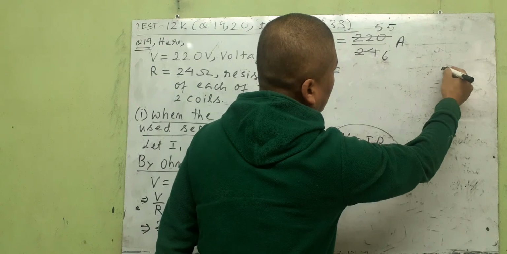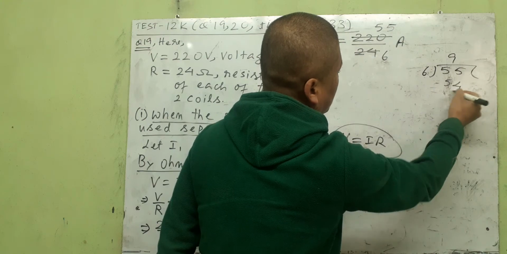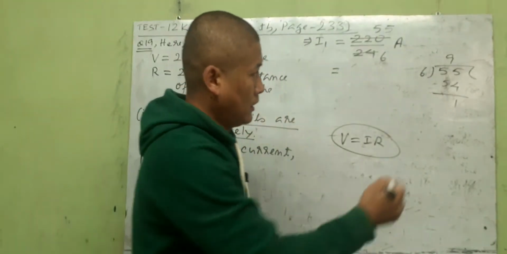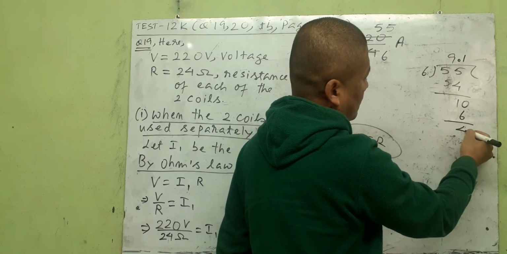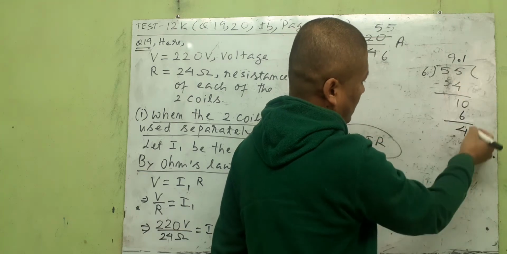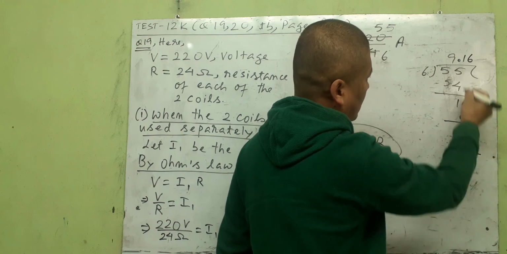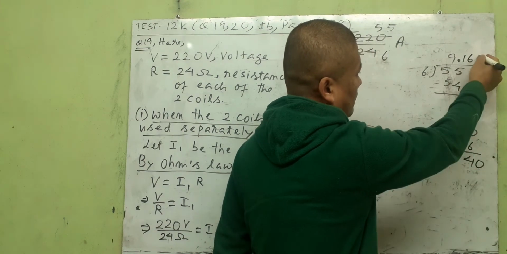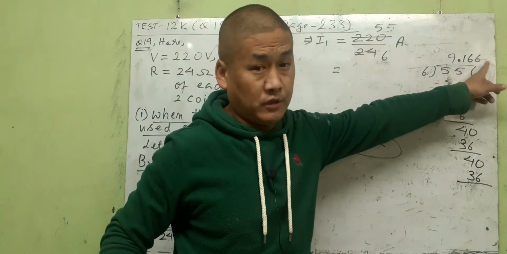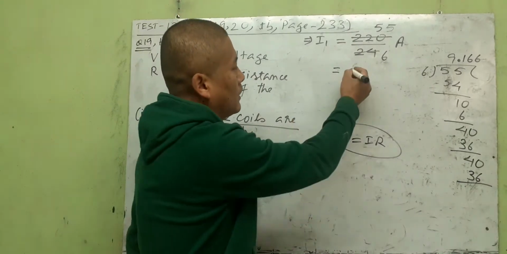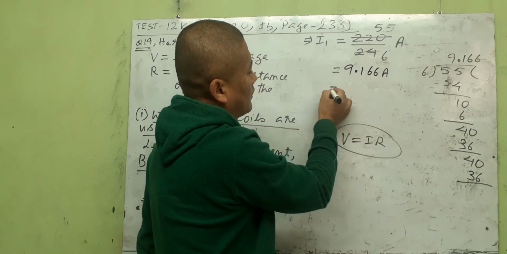So we have to now divide 55 by 6, which is 6 9s are 54, 1 remainder, and point means 1 0 will come, 6 1s are 6, 4 remainder, then point means again I can put a 0 here, 6 6s are 36, again 4 remainder, decimal means we are allowed to put 1 0, so 6 6s are 36 again. Like that we can go to the third place of decimal, which is the normal way of doing, and even the textbook is doing that. In this case I think 9.166 ampere.